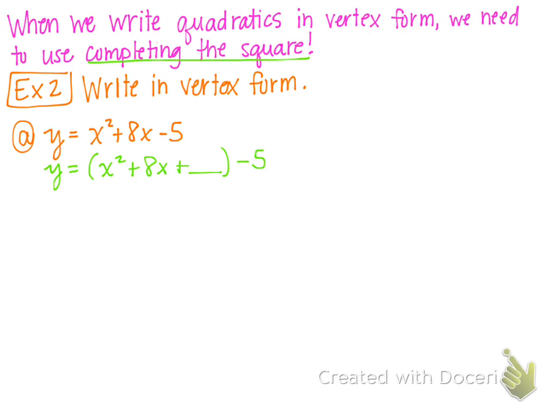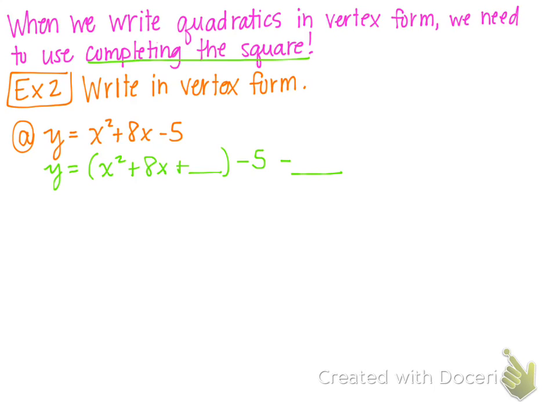Now, the way we're going to make sure that we're being fair here is whenever we're adding something, we also got to subtract it. Okay? So if you add 5, as long as you subtract 5, we're fair in math.